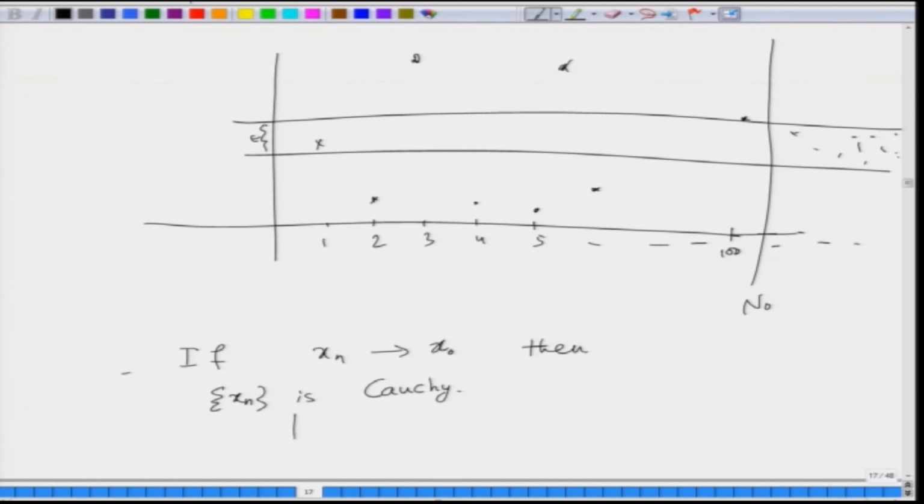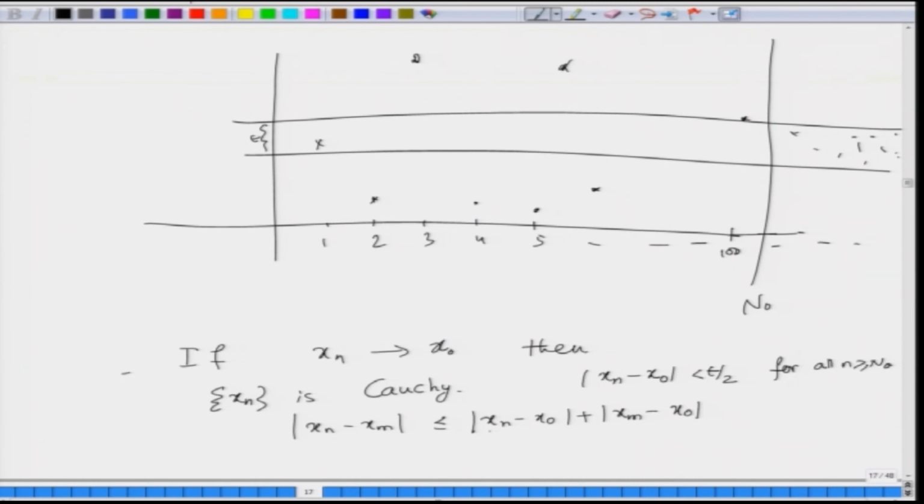Because x_n converges to x_0, that means mod of x_n minus x_0 is less than epsilon by 2 for all n greater or equal to n_0. Now, you have x_n minus x_m, which you can write by the triangle inequality as x_n minus x_0 plus x_0 minus x_m.